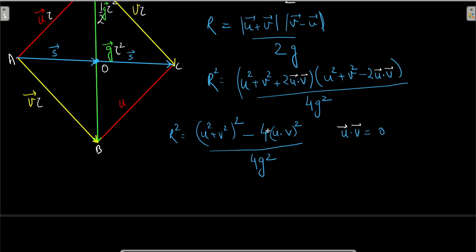Since we are not drawing this on the diagram, that's why I use the blue color only, but these two are vector right now. I've shown with the white color. Okay, so what we see, the angle between u vector and v vector should be 90 degree for this case, pi by 2.